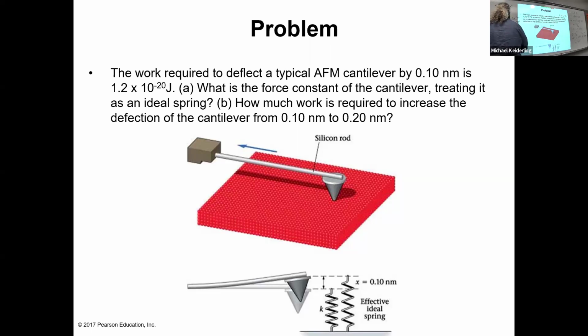You can do 1/2 times 2.4 times 2 times 10 to the minus 10 meters, and you will end up with 4 times the initial work. So that will be 4.8 times 10 to the minus 20 joules.